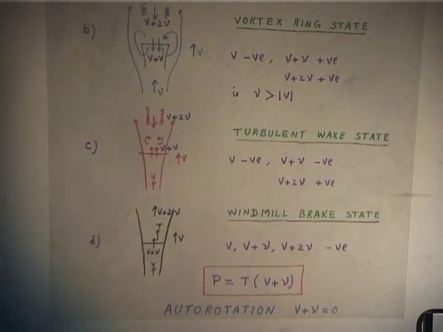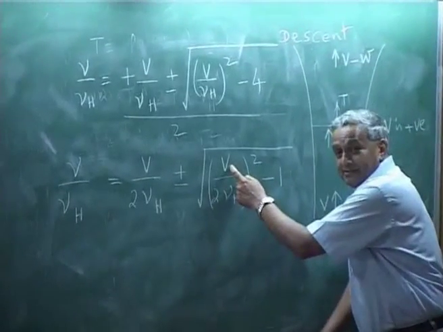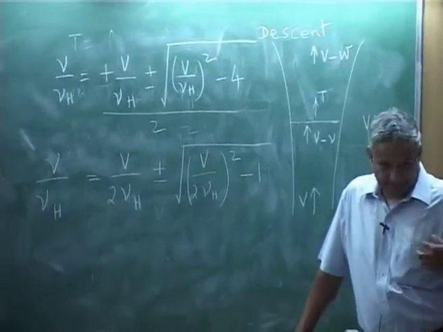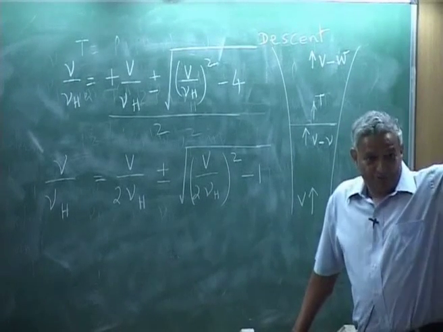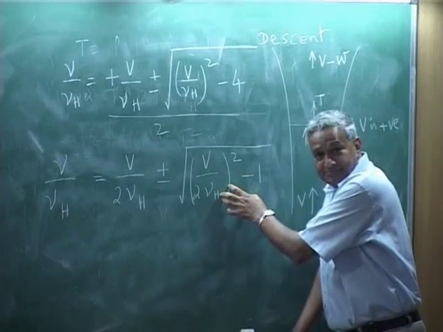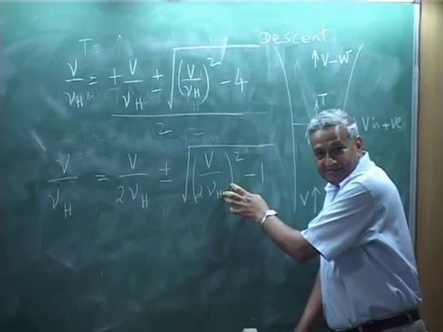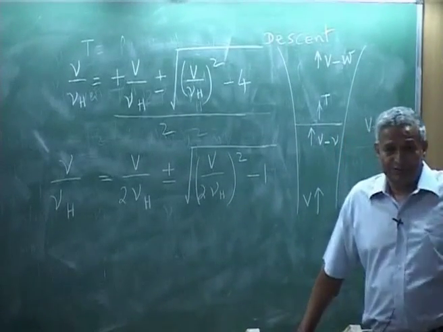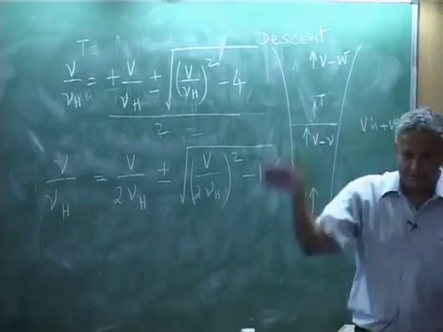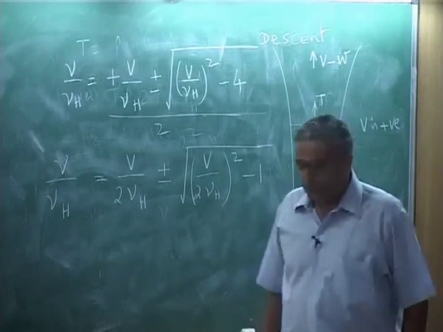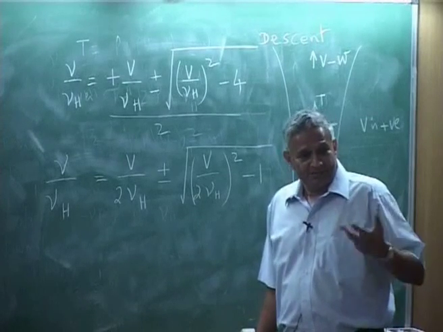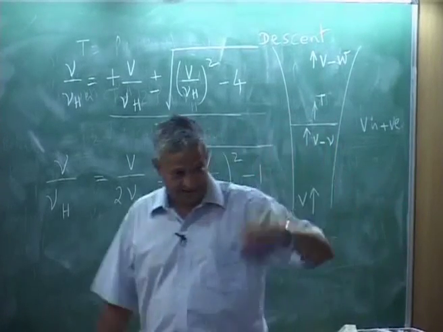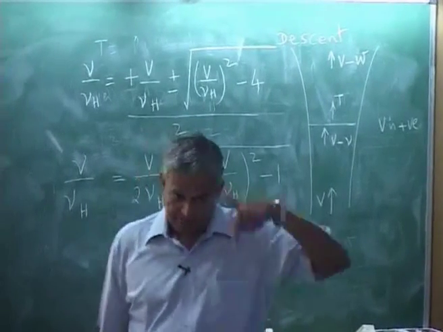Because you know that only when V is greater than 2ν_h, that the velocity should be much larger than 2ν_h, then this is positive, okay. Then you will have a root, otherwise it is imaginary, you can't plot that curve also, okay. But both roots are valid, implies that velocity must be much larger than 2 times the induced velocity at the hover rotor disc.